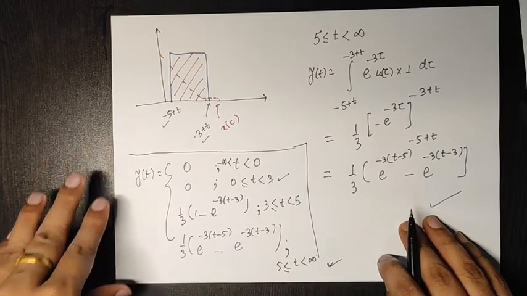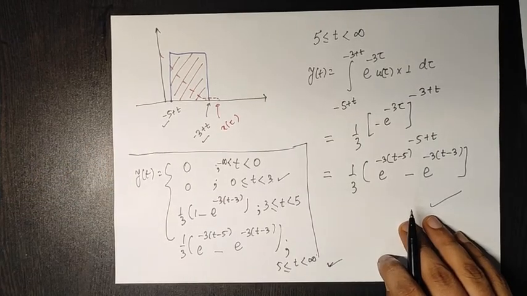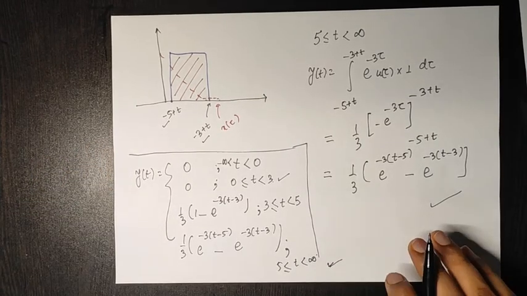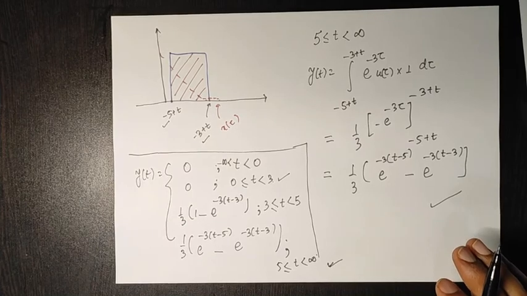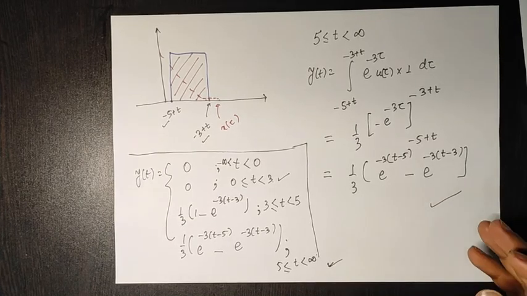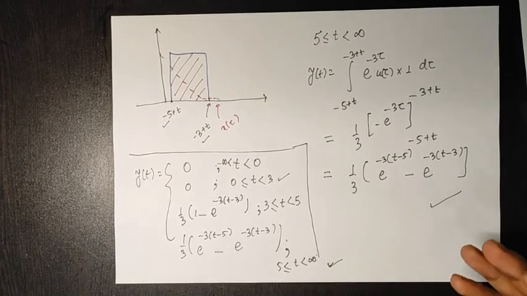So this is how we can obtain the convolution sum, or the response of an LTI system to any input signal x(t), given that we already know the impulse response of the system.